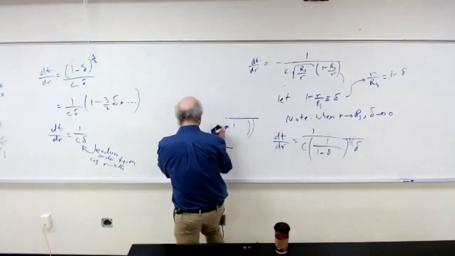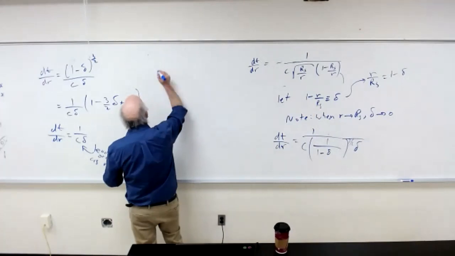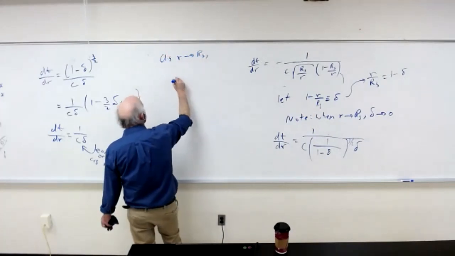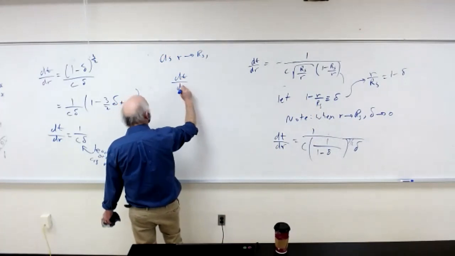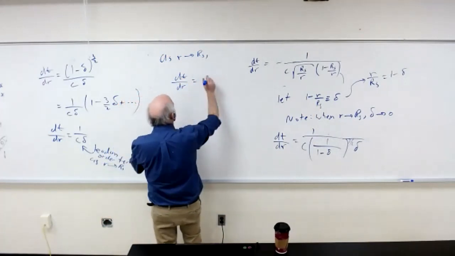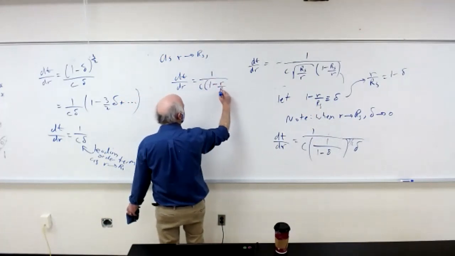So as R goes to RS, we can state that dt/dr is 1 over C times 1 over 1 minus R over RS.